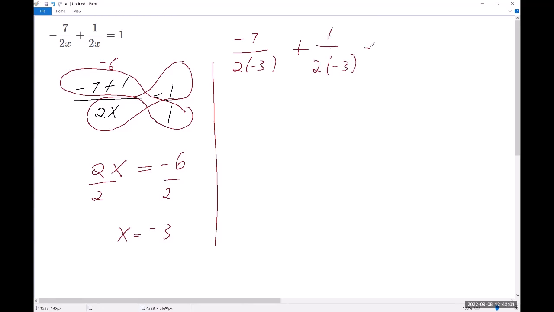So if you could check your work, that would be great. So this is what -7, I guess 7 over 6 plus 1 over -6.